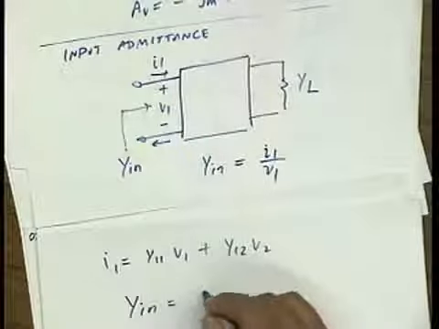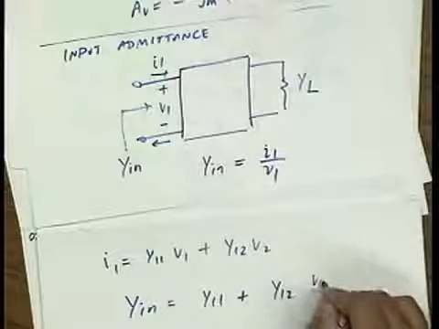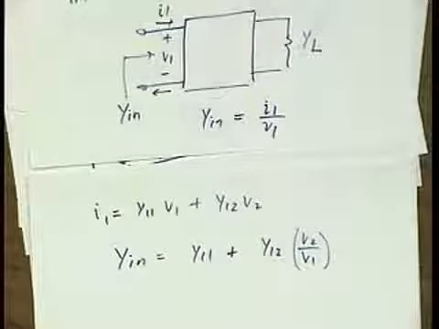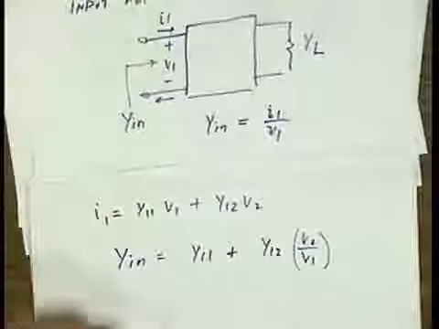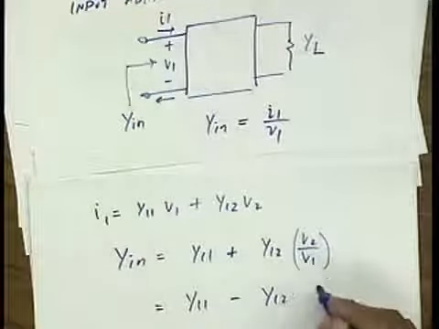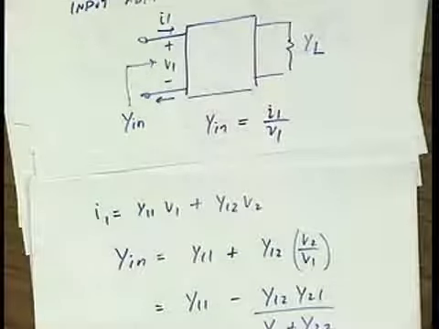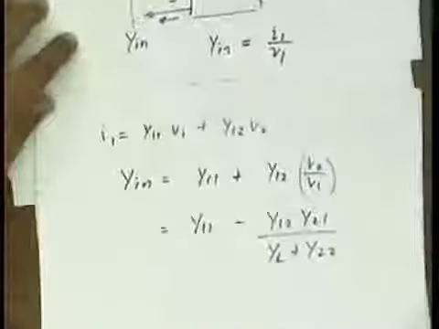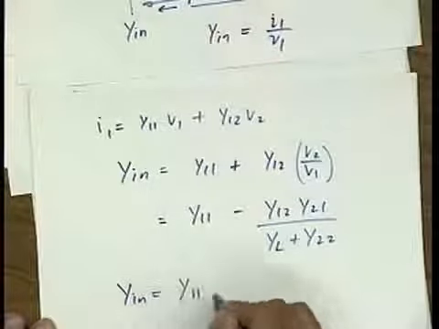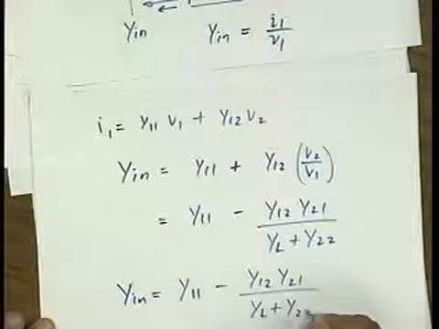So Y in is Y11 plus Y12 V2 over V1. And I just calculated the ratio, remember V2 over V1 is minus Y21 over (YL plus Y22). So the input admittance is Y11 minus Y12 Y21 over (YL plus Y22).